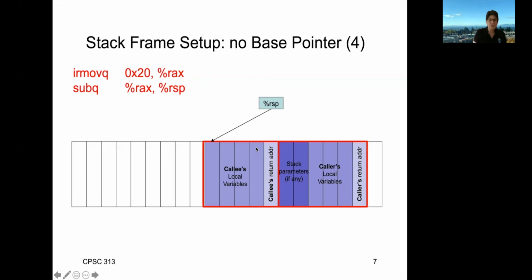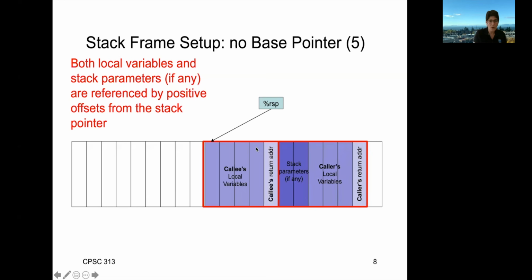So once I've set up this stack frame, if the function wants to access either its local variables or the parameters that the caller passed on the stack, those are both going to be positive offsets from the stack pointer, right? Lower addresses are down here. The stack pointer is at the end of the stack frame.